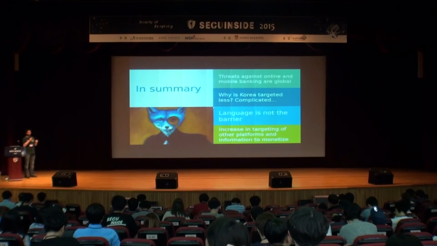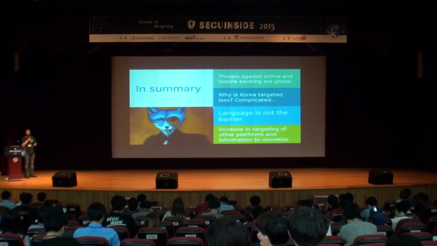And if you don't have a translator, Google Translate can translate a lot of languages, and you don't really need to know exactly what is written there; as long as you kind of understand it, it might be just enough. And there is also an increase of targeting of other things. Not just online banking, but credit cards, which is traditional already, point of sale systems, and other types of information that the criminals can monetize. This can be personal information as well.